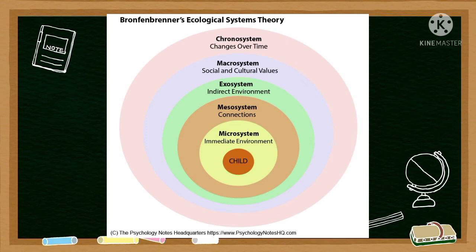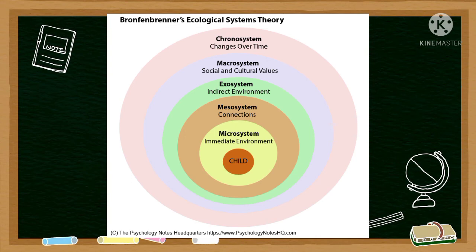It is called a connection because it affects the child directly. In this stage, the mesosystem is where the child will be able to actively engage and socialize with others. The third one is the exosystem, the indirect environment.